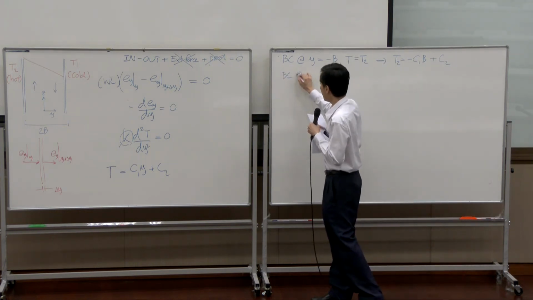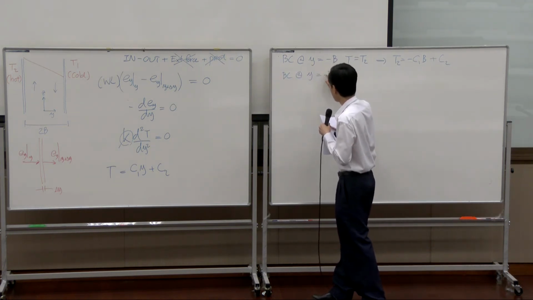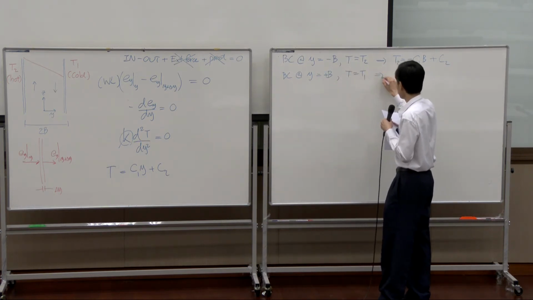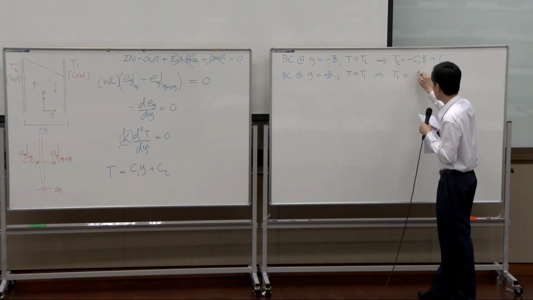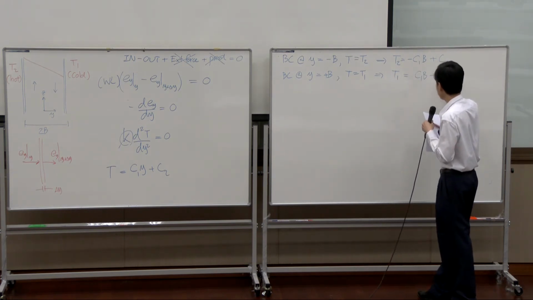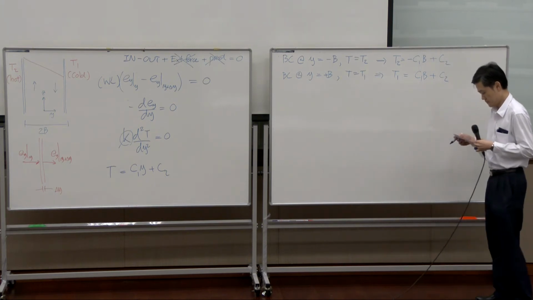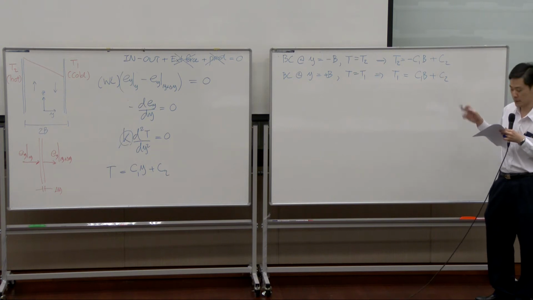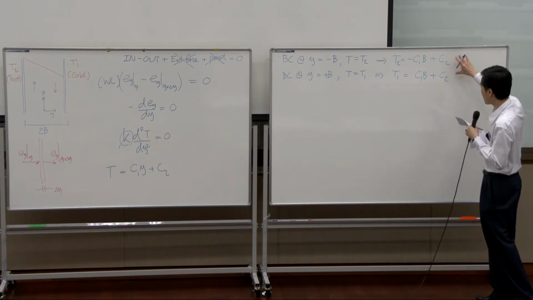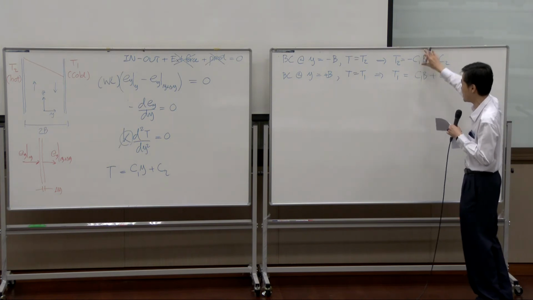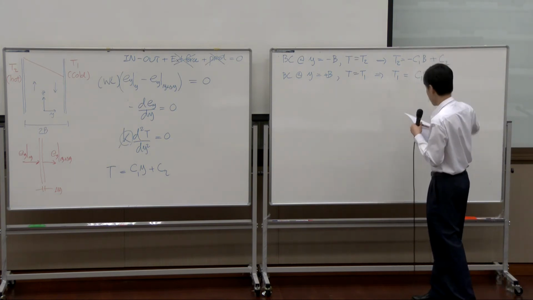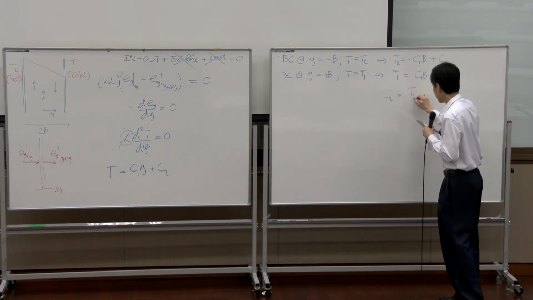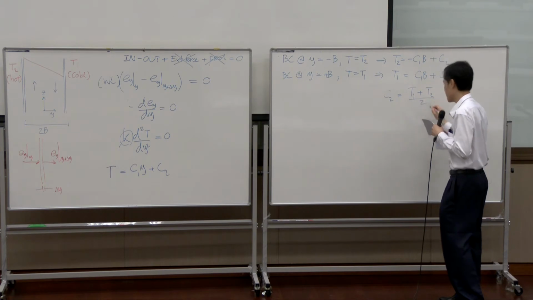Another boundary condition would be on the other side of the wall. At y equal to plus b, temperature is T1. Then you have T1 equal to C1b plus C2. Two equations, two unknowns, you can solve this directly. Okay? If you combine these two equations, the first term will be eliminated. Then you get C2. So C2 would equal T1 plus T2 over 2, right?